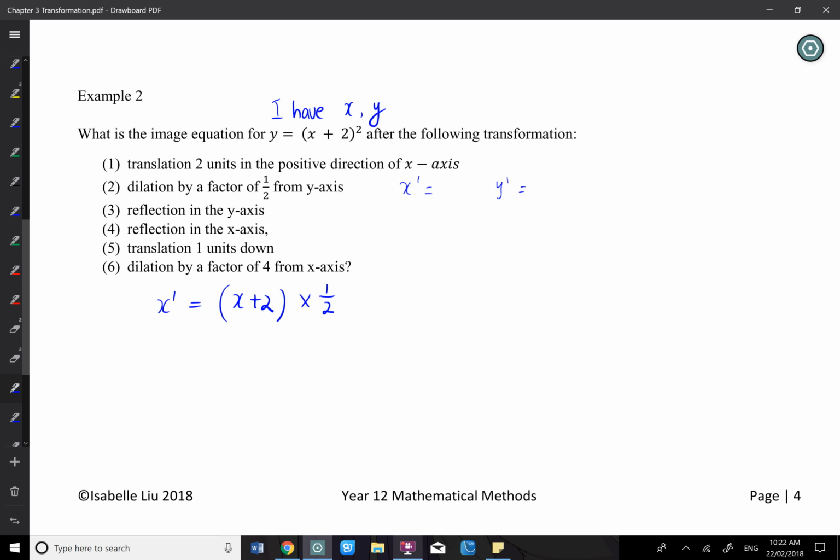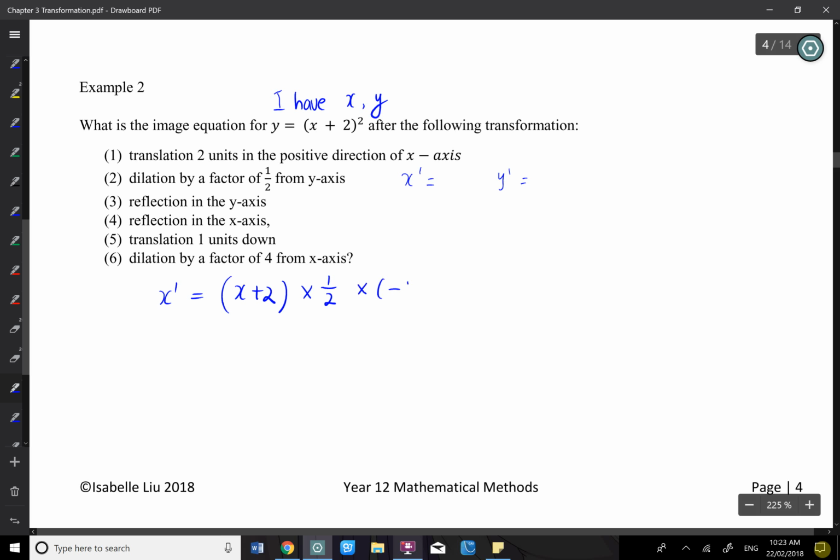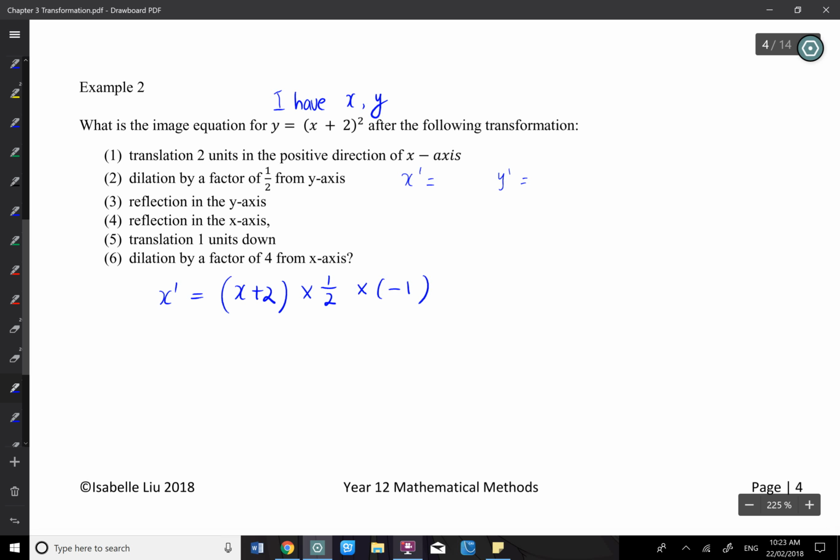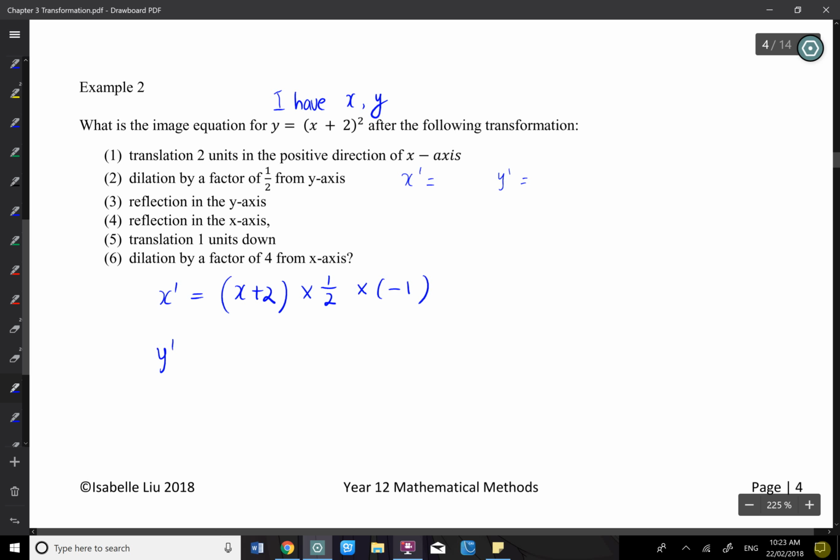The third one says a reflection in the y-axis. Is that changing x or y? X, so that times by -1. That's the third thing that happened. Number 4, reflect in the x-axis. What is that? Y, so y dash equals to minus y.